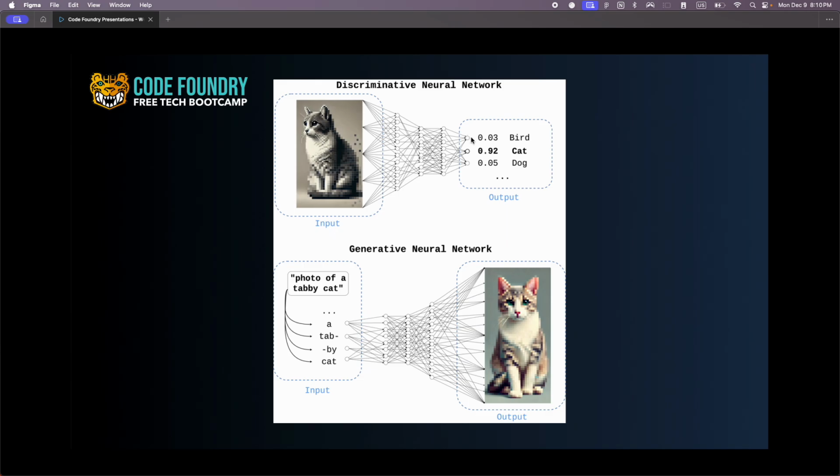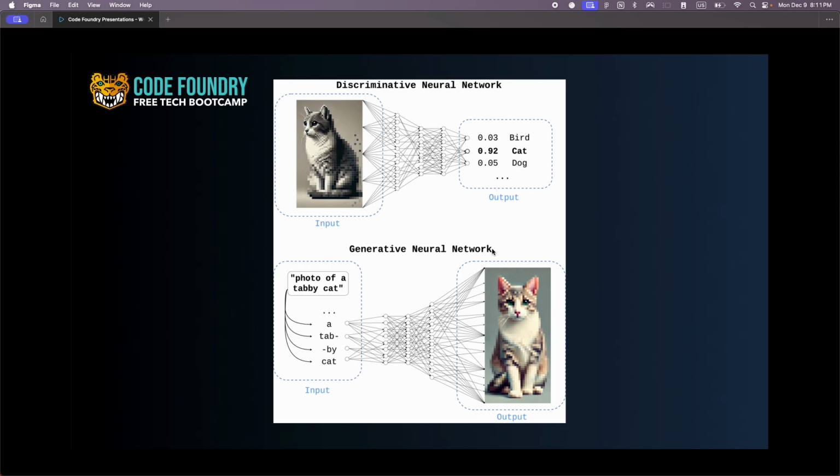For example, this last neuron represents bird, and there's a 3% probability that it is a bird, which is not. There's a 5% probability that it's a dog, which is also false. And then there's a 92% probability that it is a cat. So discriminative neural networks will break down a large amount of data into several basic options with probability.